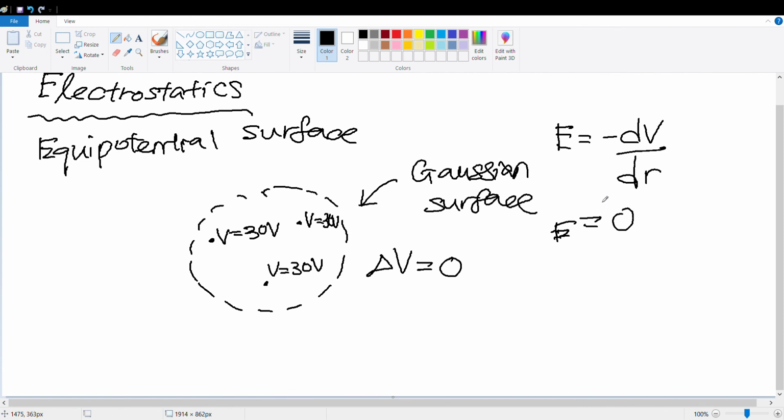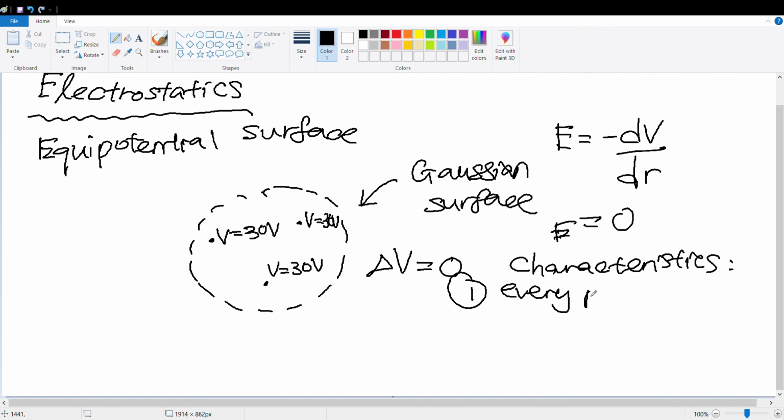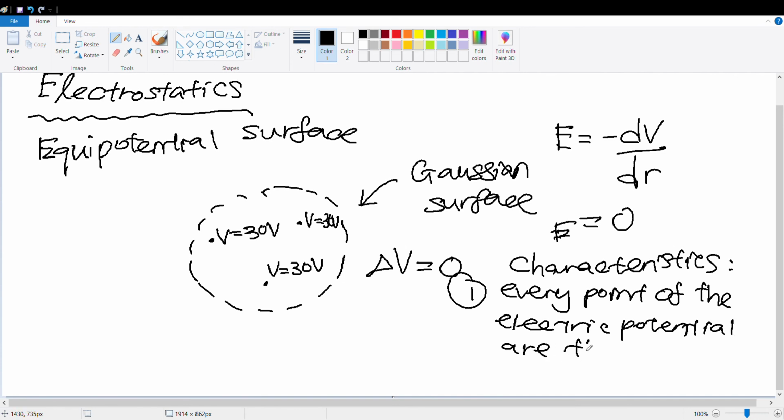So for the first characteristic, the electric potential at every point is the same. This is the first one, and we know that the electric field strength is 0, and this is the second one.